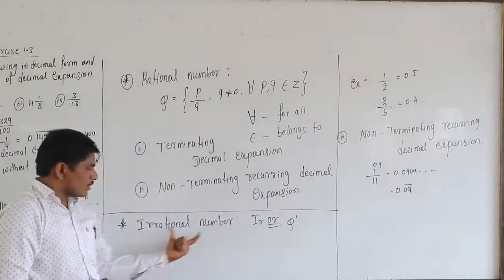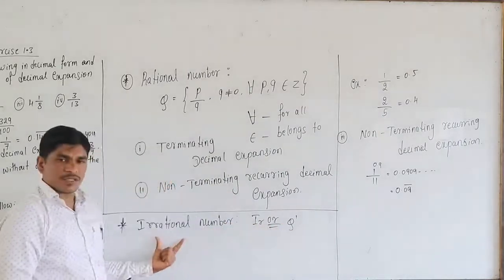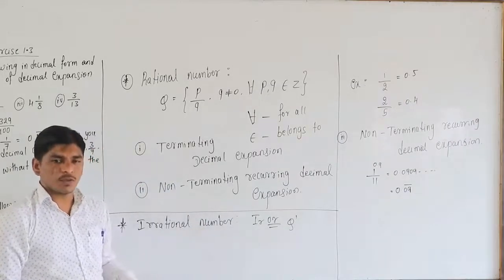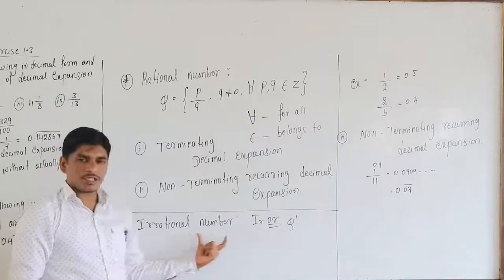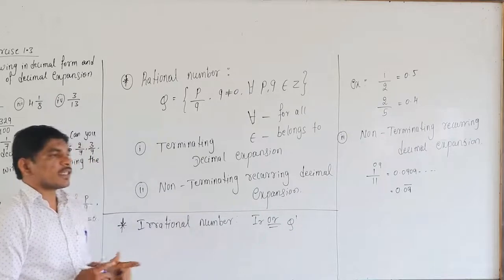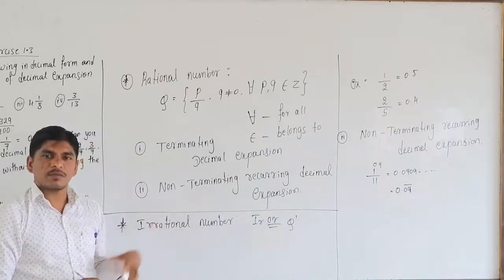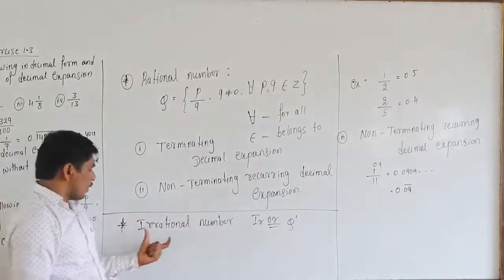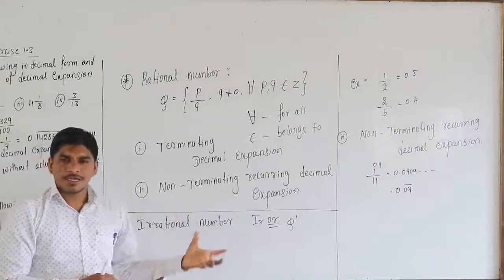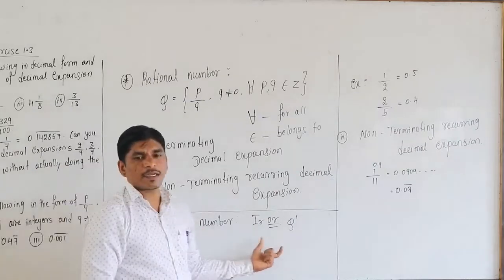The definition is that irrational numbers are not in the form of p by q. One more statement is that irrational numbers are in the form of a radical, which is another definition. Both are correct. First, irrational numbers are not in the form of p by q, and second, irrational numbers are in the form of radicals.